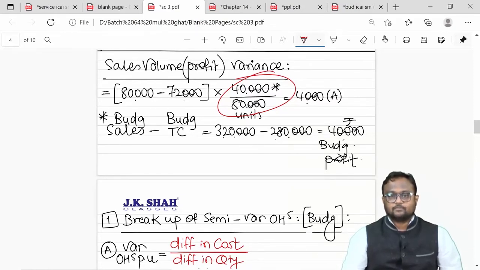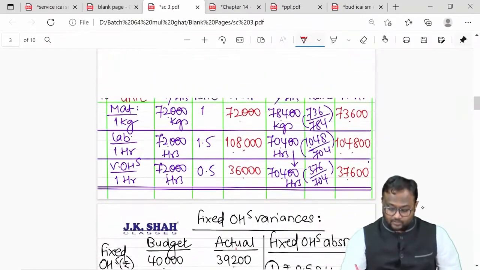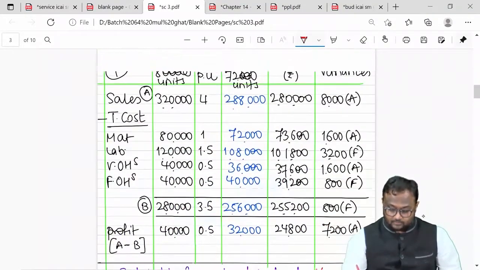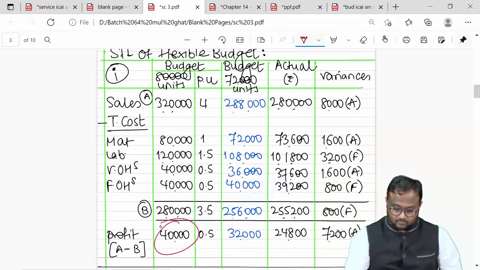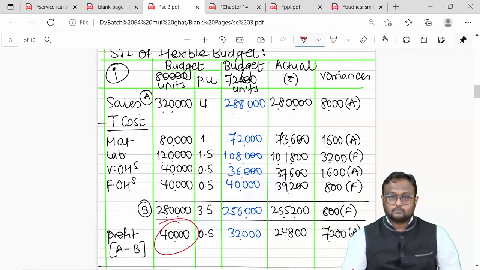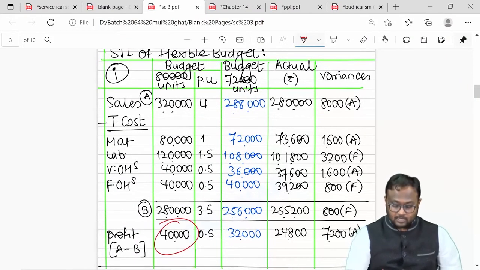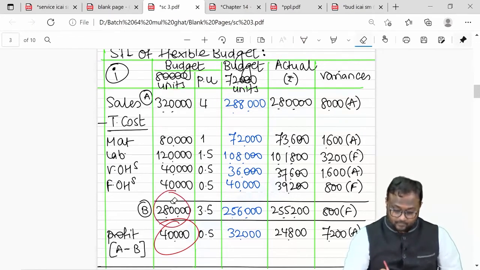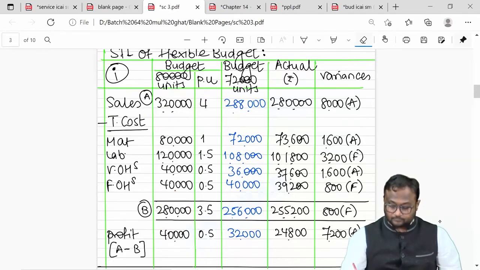Is this part absolutely clear? We had budgeted profit here in the calculation, if you recollect. 40,000 budgeted profit, 3,20,000 minus 2,80,000. We had this figure with us.